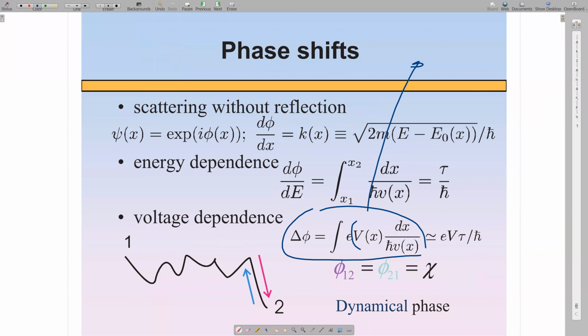This voltage is due to gate voltage. It's not a voltage difference involved. So there's an electron. And there's some gate electrode, which influences it. So the potential, which is felt by the electron as a function of x, looks somewhere like this.